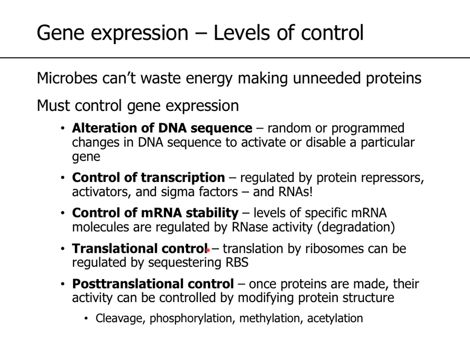Then we have the translational level, where again, these can be either repressors or activators, but in general, what happens at the translational level is whether or not the ribosome binding site is accessible to the ribosome. So whether that's blocked or open, and there are different mechanisms to do that.